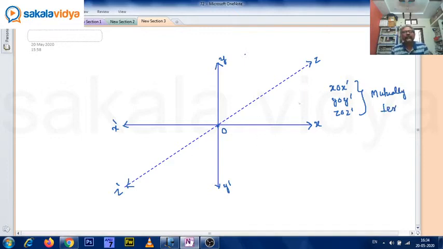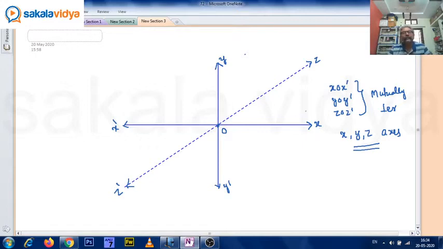So that means the space will be divided by the axes. They are called the x, y, z axes: x-axis, y-axis and z-axis. So this is called space. The space can be divided into how many compartments? Let us see.